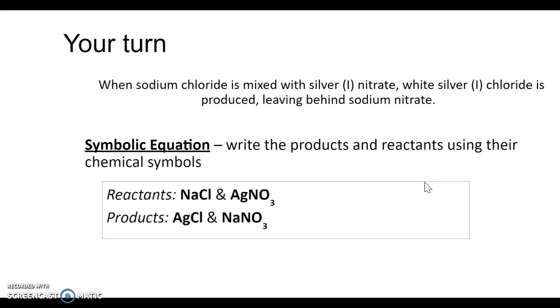So here are the reactants. They are NaCl and AgNO3. NO3 stems from the fact that nitrate is an NO3 group. If you ever see a nitrate, it means it's an NO3 all as one component, made up of a nitrogen and 3 oxygens. They are binding to a silver here. The products will be AgCl and NaNO3.